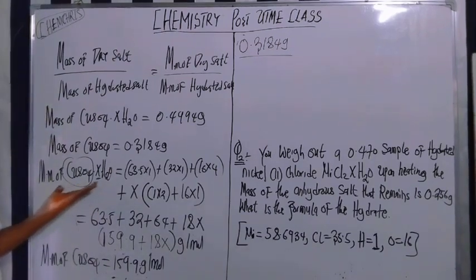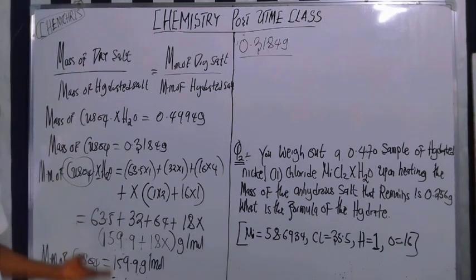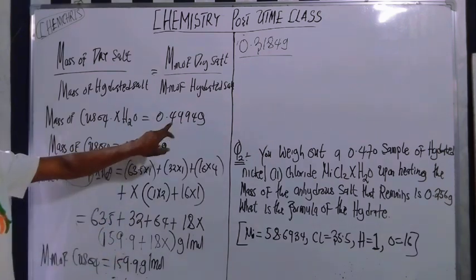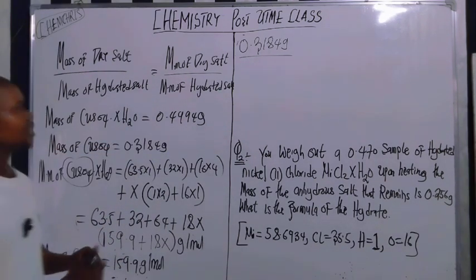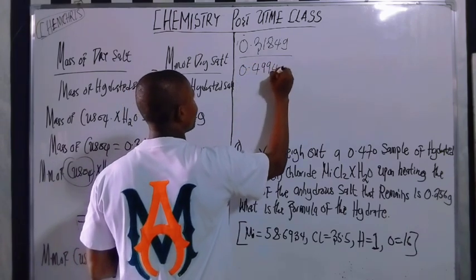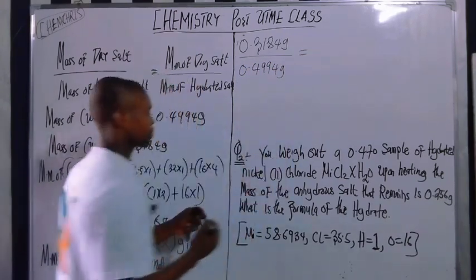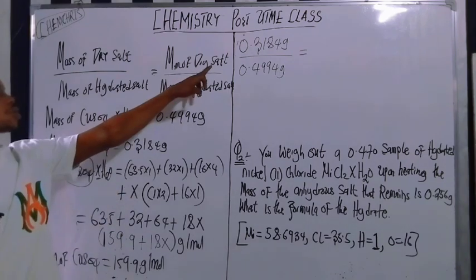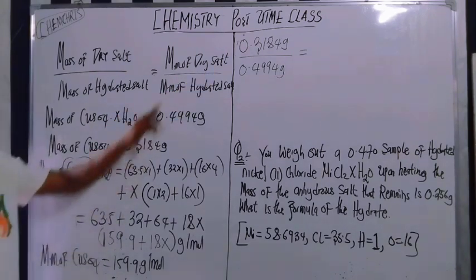Now, what is the mass of the hydrated salt? The mass of the hydrated salt is 0.4994 gram, equals to the mass of the dry salt over the molar mass of the dry salt.